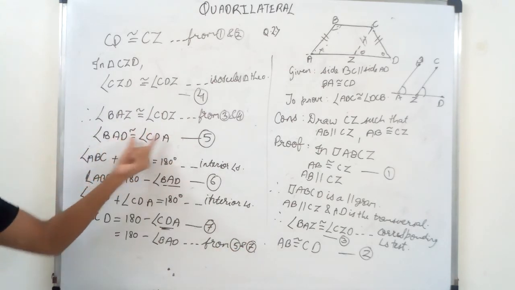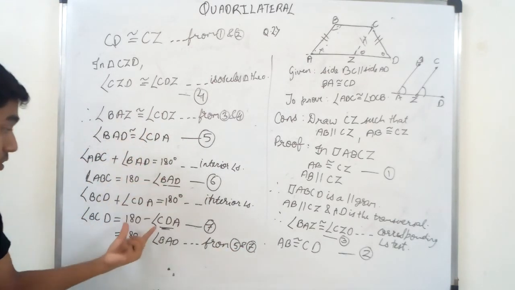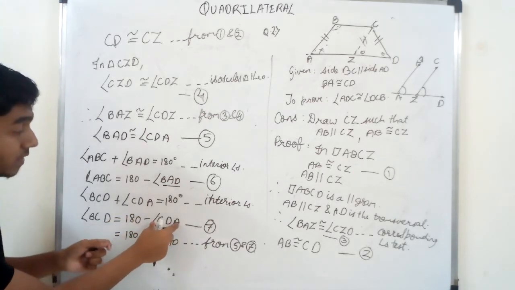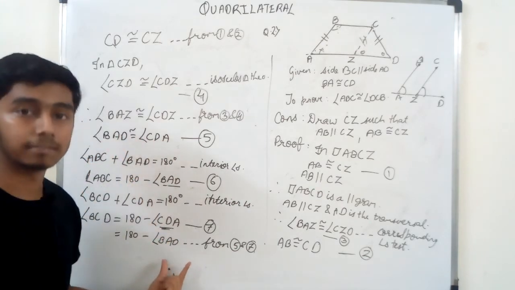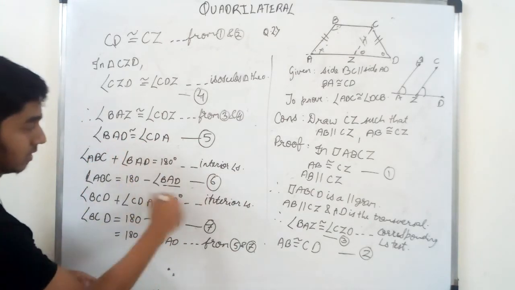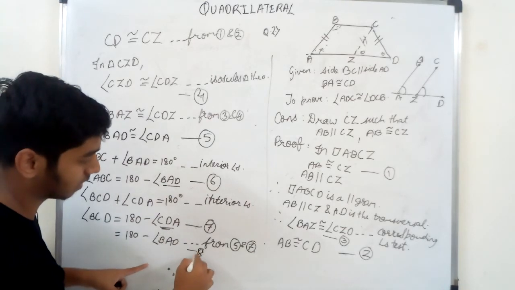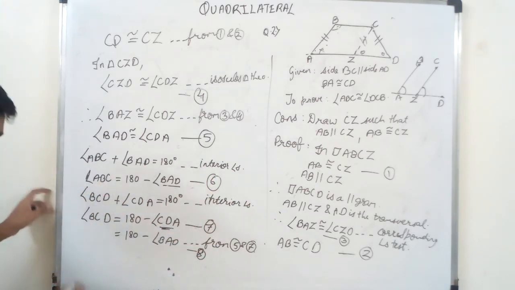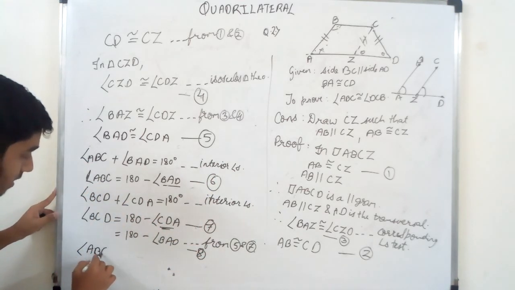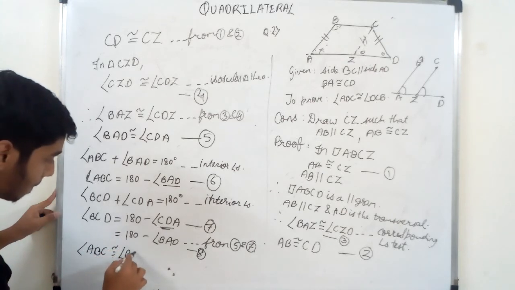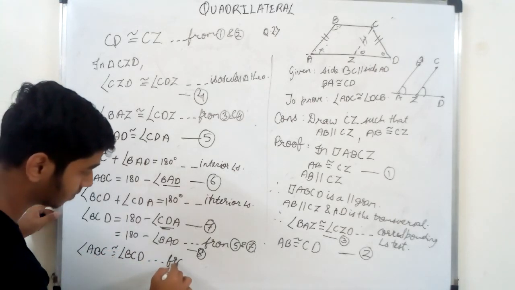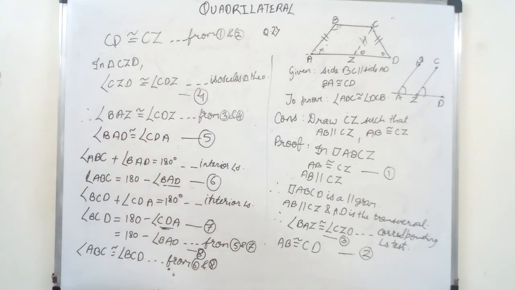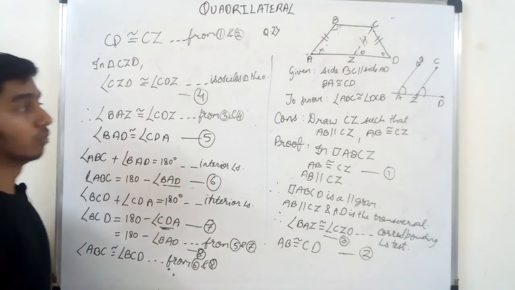Yes or no? Because from 5 BAD is same as CDA. So here in 7, 180 minus CDA, instead of CDA we can write BAD. Correct? So this equation 6, and let's name this as 8. So from 6 and 8 we can say that angle ABC is congruent to BCD from 6 and 8. Okay, so this is what we had to prove here.